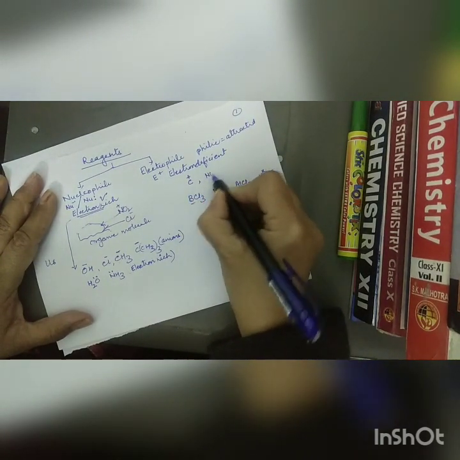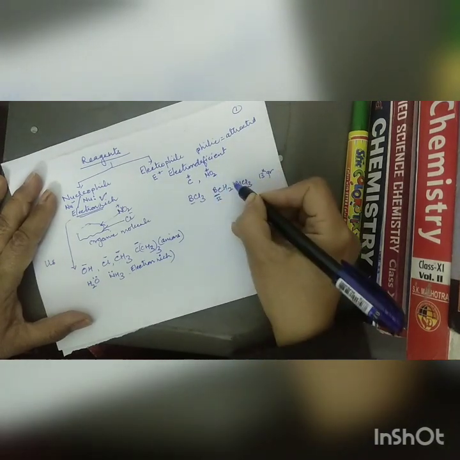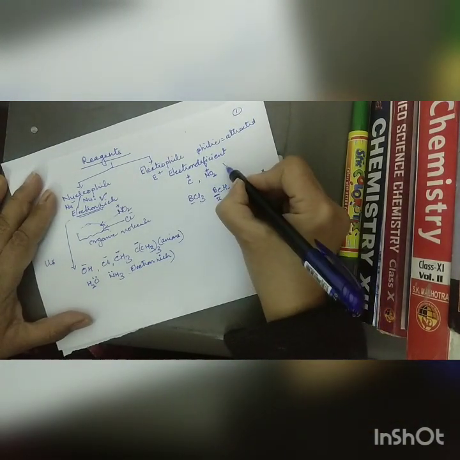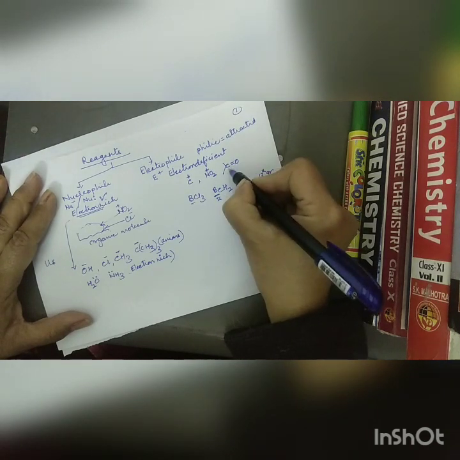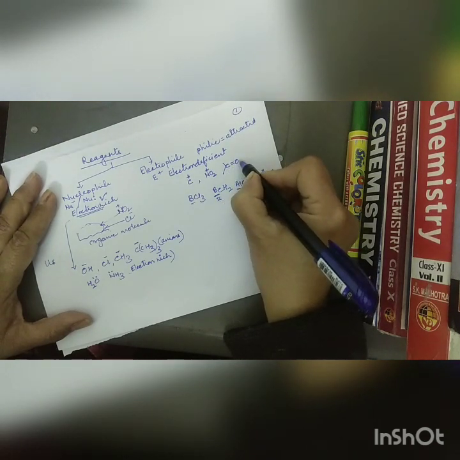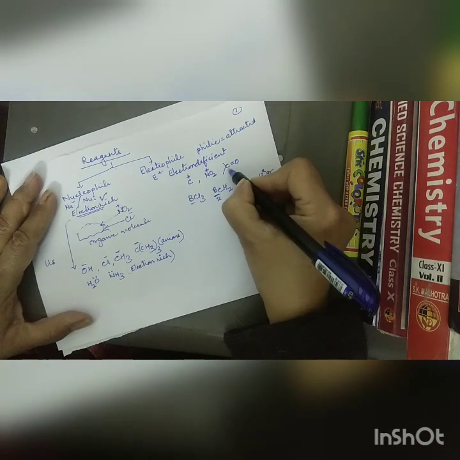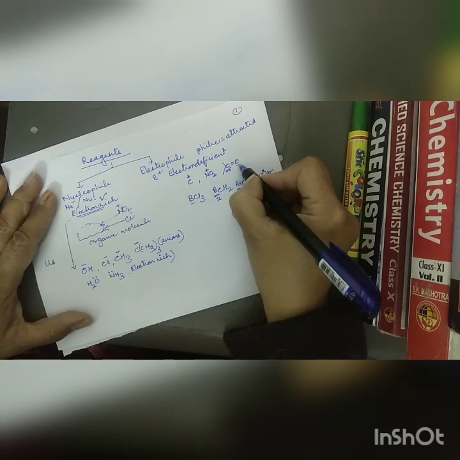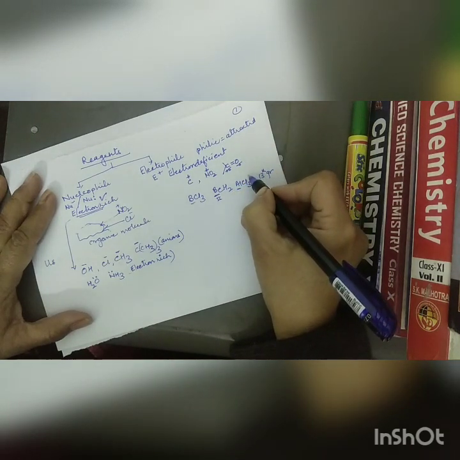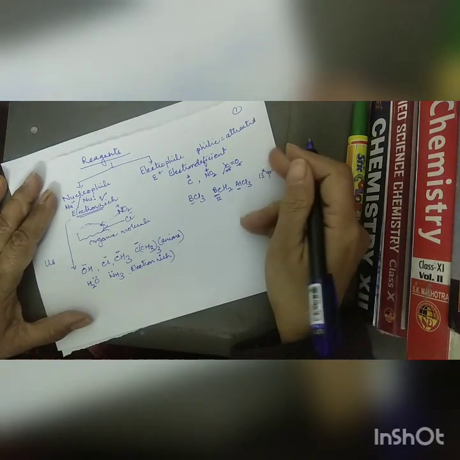It can also be NO2 plus. It can also be a carbonyl group. Oxygen is pulling electrons away from this carbon in this direction, being more electronegative. So naturally a partial positive charge is here and a partial negative charge is here. So all of them will act as electrophiles.